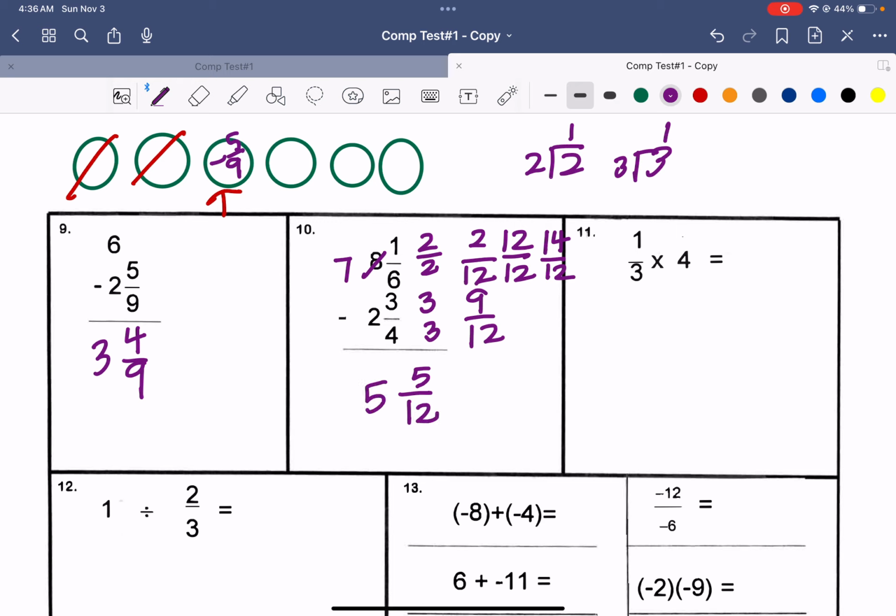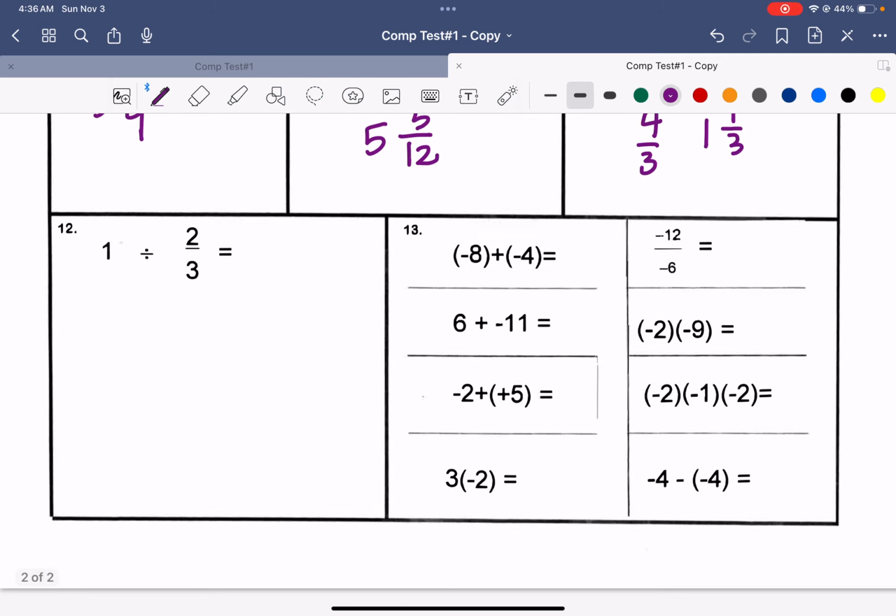So there we go. This one is 4 groups of 1/3. So this is basically 1/3, 1/3, 1/3, 1/3, which equals 4/3 or 1 1/3. Either one.